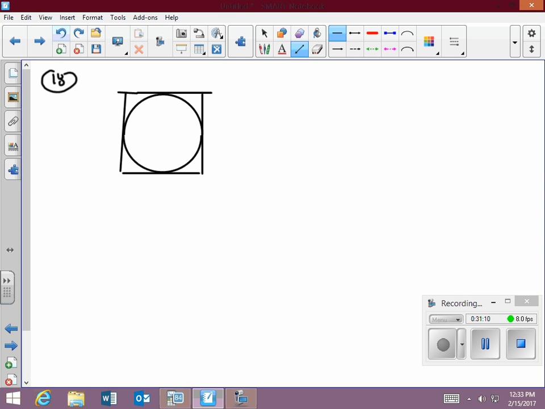That's not too odd. Anyway, that's actually a square, isn't it? Yes.